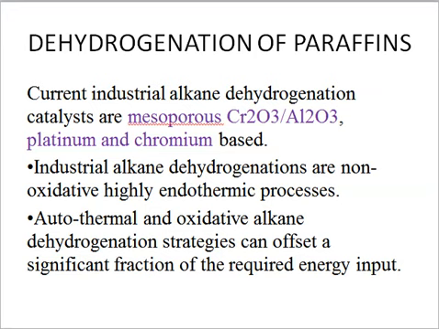However, since they use a very high amount of energy, maintaining this high temperature is not possible on the laboratory scale. Lastly, we have autothermal and oxidative alkane dehydrogenation strategies. These are still under development and require a large number of inputs. So we will consider which type of reagents or conditions are normally used.